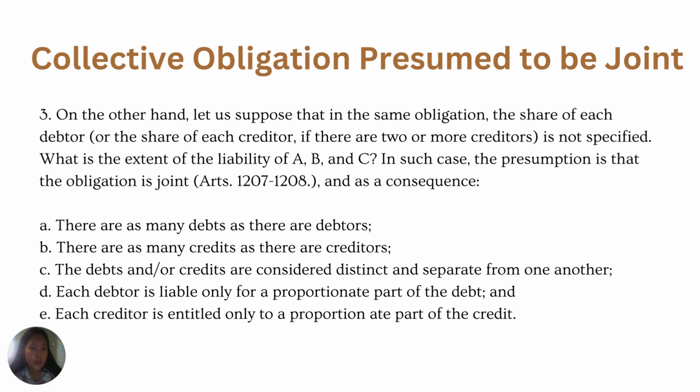There are as many debts as there are debtors. There are as many credits as there are creditors. The debts and or credits are considered distinct and separate from one another. Each debtor is liable only for a proportionate part of the debt, and each creditor is entitled only to a proportionate part of the credit.